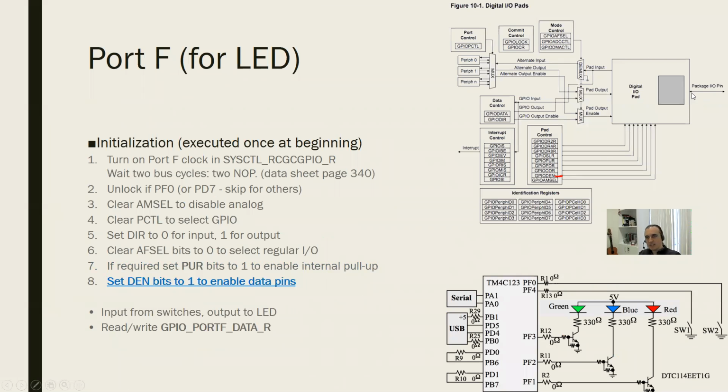This digital port has 8 pins. So imagine this is port F. You have PF0 to PF7. These pins, how to output a value? Well, actually, you are going to use GPIO data for it.